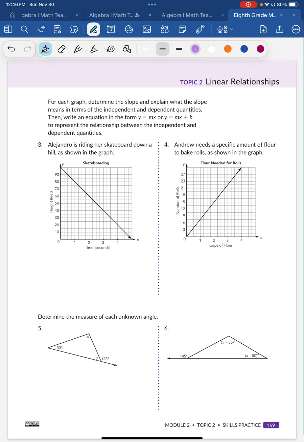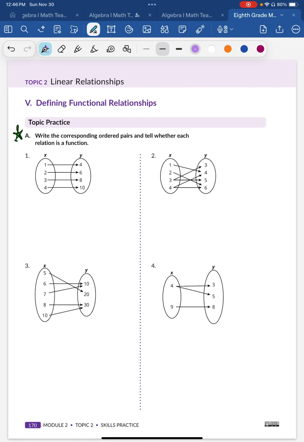And I want to show you, let's look at some functions real quick, how to tell if it is a function or not a function. Okay. So y'all did really well on this before we left for Thanksgiving. So let's just review. So remember, x cannot go to more than one y.